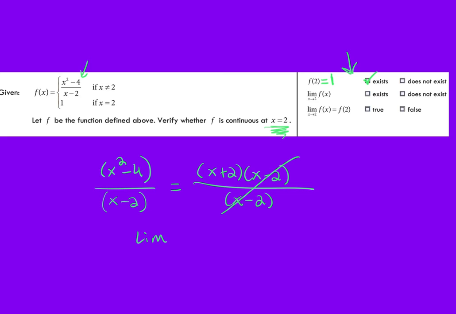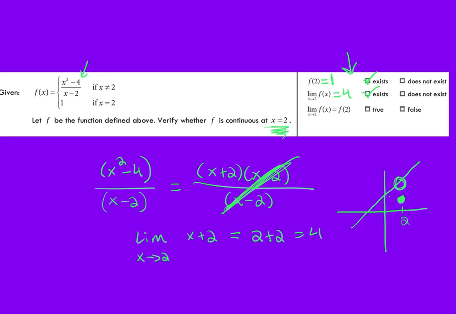The limit as x approaches 2 of x plus 2 equals 2 plus 2, which is 4. So the limit does exist. It approaches 4, but there is a hole.